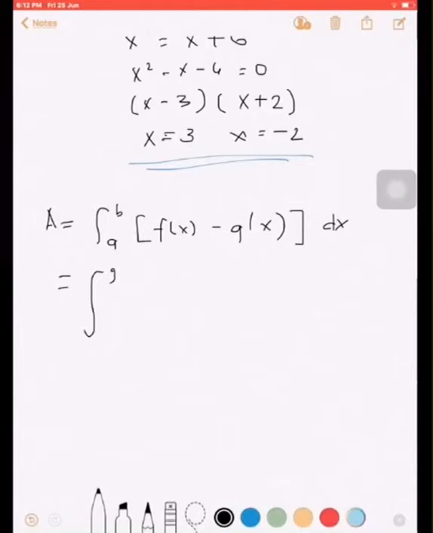So the integral from -2 to 3 of x plus 6 minus x squared dx.